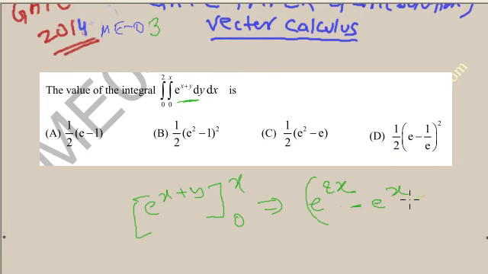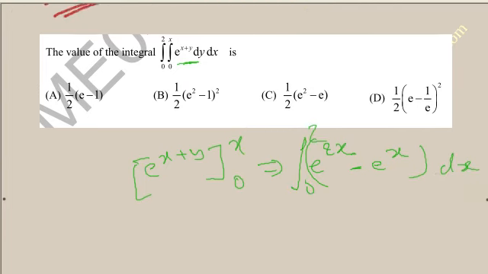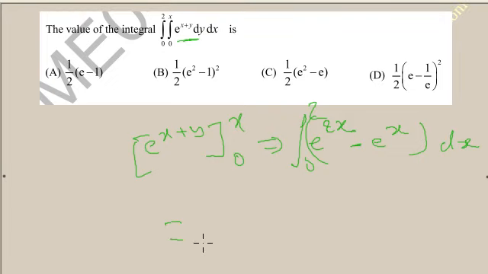Now integrate this with respect to x from 0 to 2. If you integrate it, you will get e to the power 2x divided by 2 minus e to the power x, from 2 to 0.